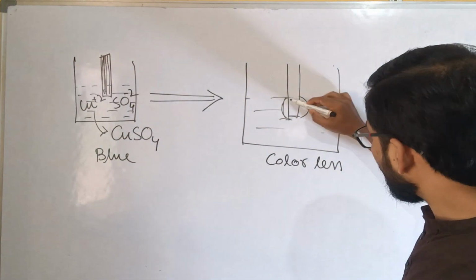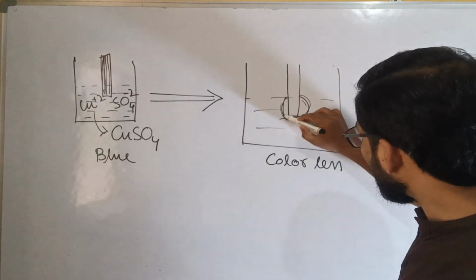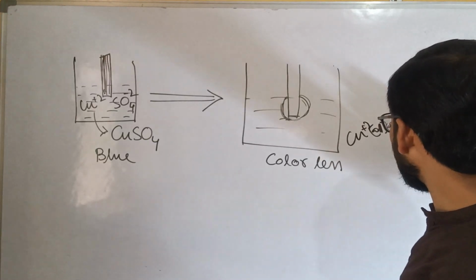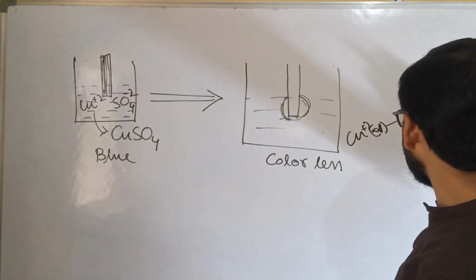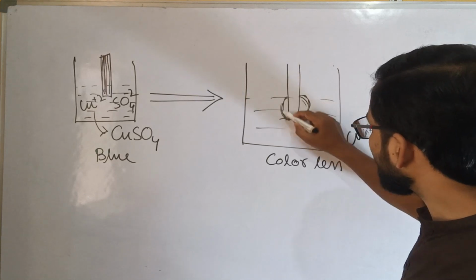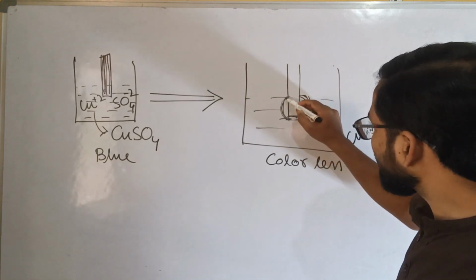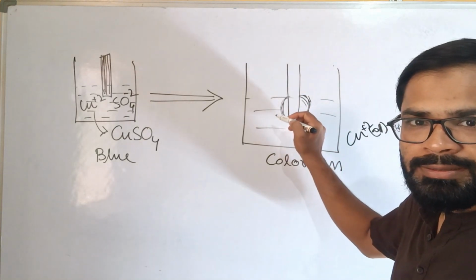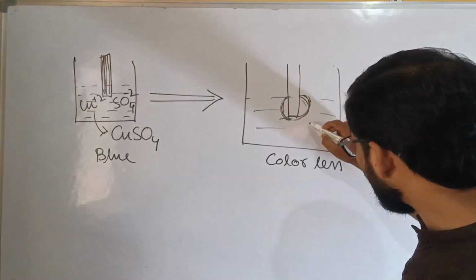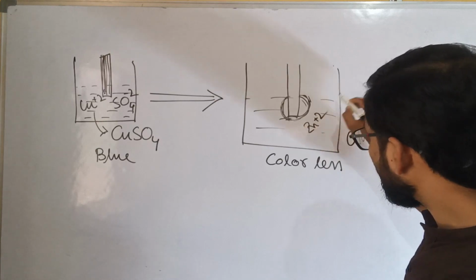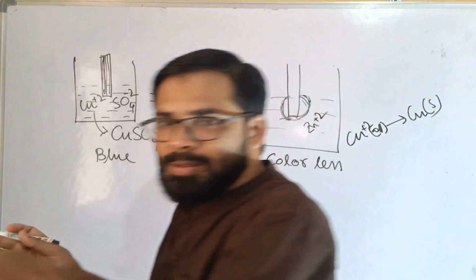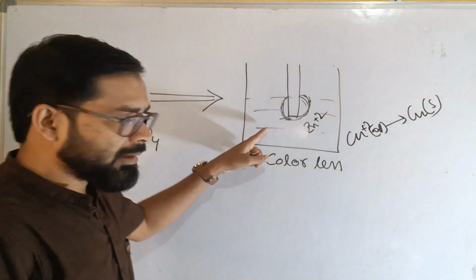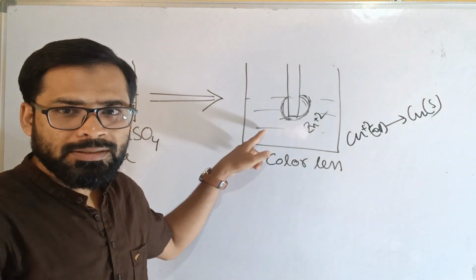So copper is converted from Cu2+ aqueous to Cu solid, which makes a copper layer, and the zinc is converted to Zn2+. This is an exchange of copper with zinc. That's why the solution becomes colorless.